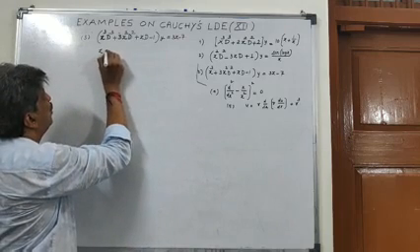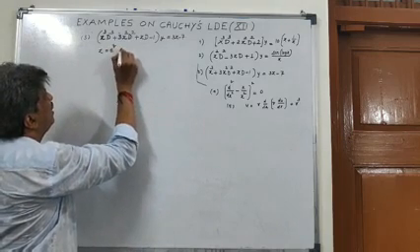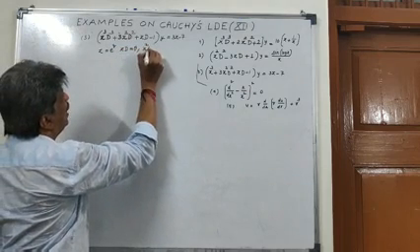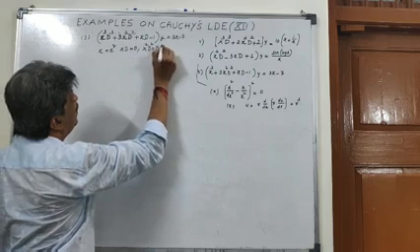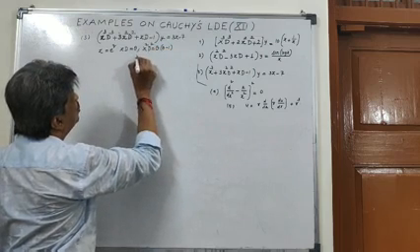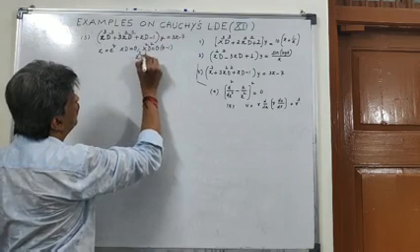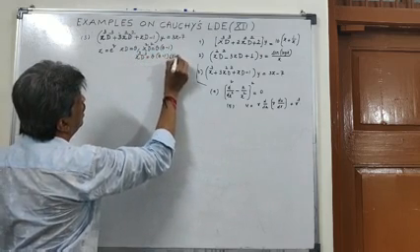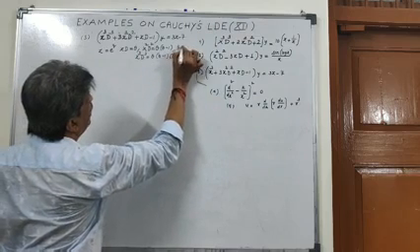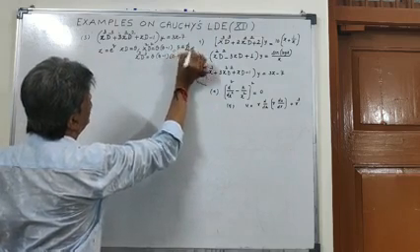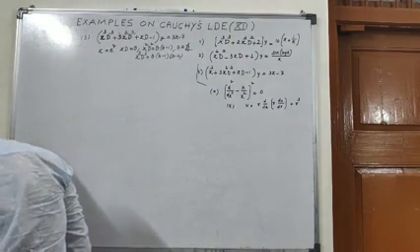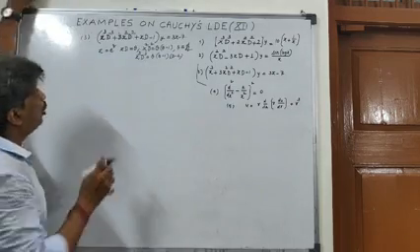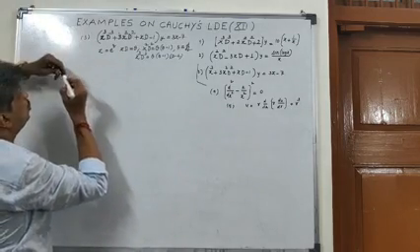We put x is equal to e power z, xd equal to theta, x square d square equal to theta into theta minus 1, and x cube d cube is equal to theta, theta minus 1, theta minus 2, where theta is d by dz. Now let me put all these things. X cube d cube is theta, theta minus 1, theta minus 2.